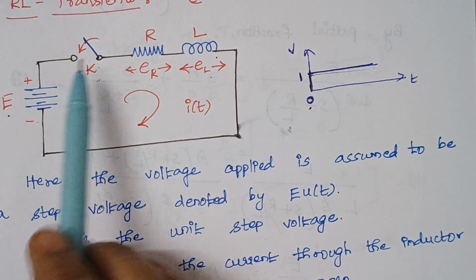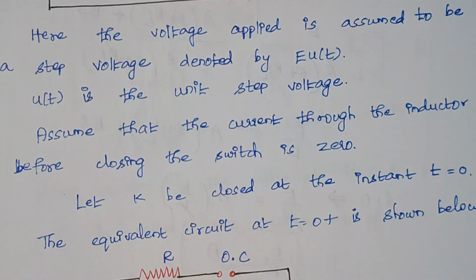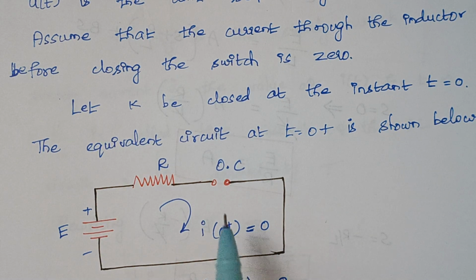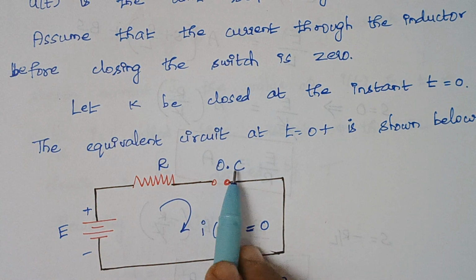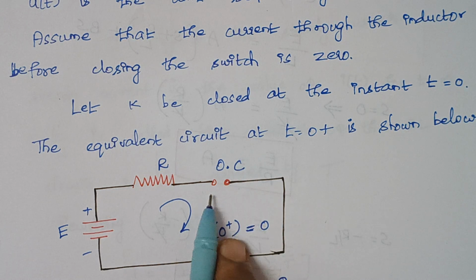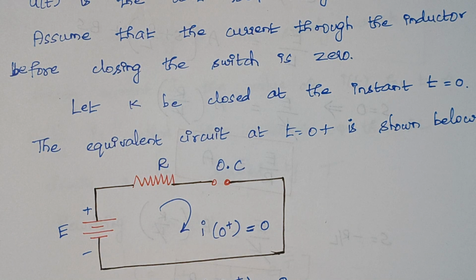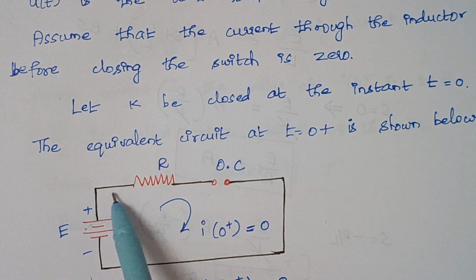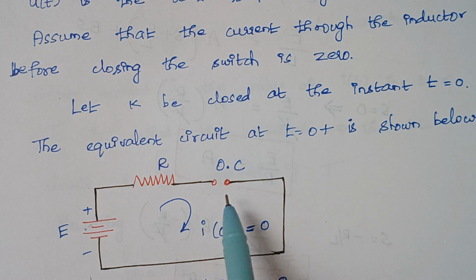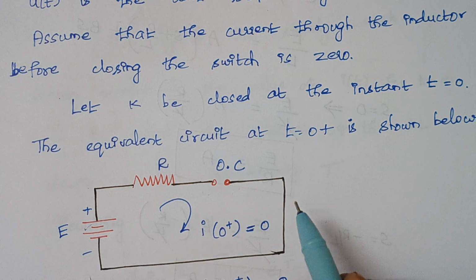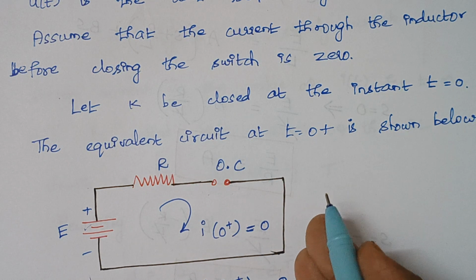Once you close the switch, our circuit gets modified like this. You may ask why we have drawn an open circuit in the place of the inductor. It is because the inductor does not allow a sudden rise in current. Once the switch is closed, the current will start to flow, but the inductor at that instant won't allow a sudden change of current, in other words it won't allow current to flow through it.